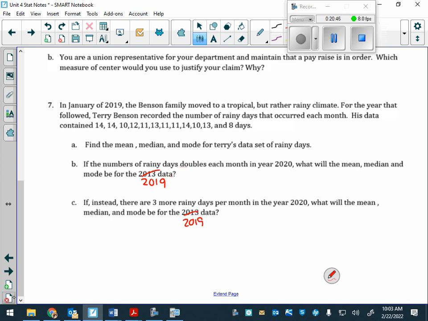So in January of 2019, Benson family moved to a tropical but rather rainy climate. For the year that followed, Terry Benson recorded the number of rainy days that occurred each month. His data contained the following. Okay. So right now, find the mean, median, and mode for Terry's data. Okay. Data set of raining days. So we're going to first start with that.